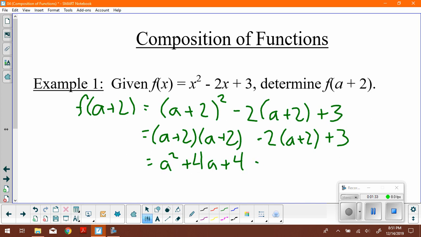And my next pair of brackets, I get minus 2a minus 4, and then plus 3. So I am left with a squared plus 2a plus 3.